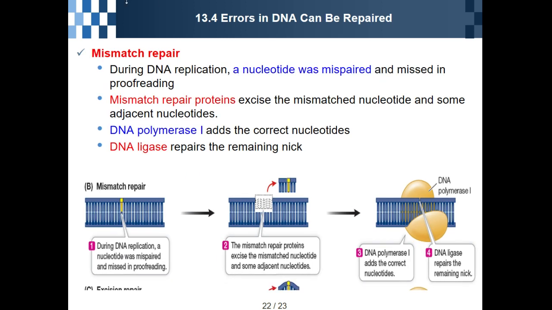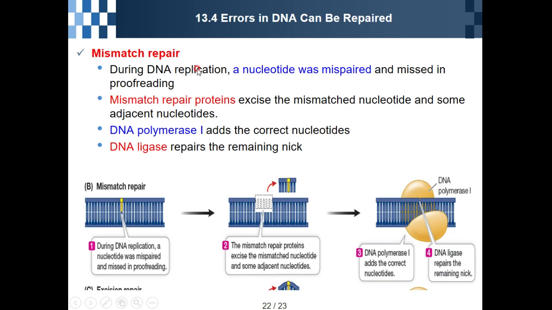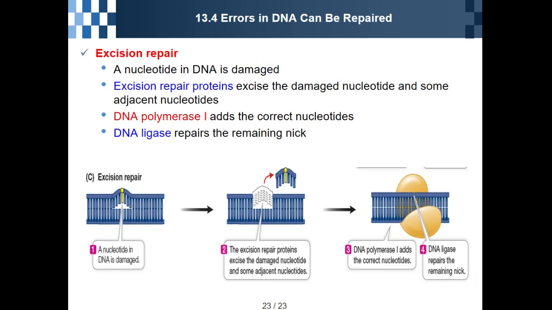Okay, for example, mismatch means that in this case, DNA polymerase 3 typically makes a mistake about one wrong base out of 1,000 base pairs. Okay, so that's why mismatch repair happens. But sometimes, with several kinds of UV, DNA can be damaged. So this nucleotide or the next nucleotide can be damaged.